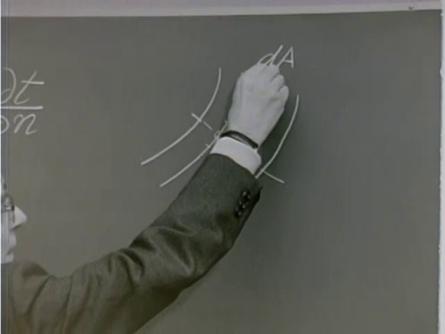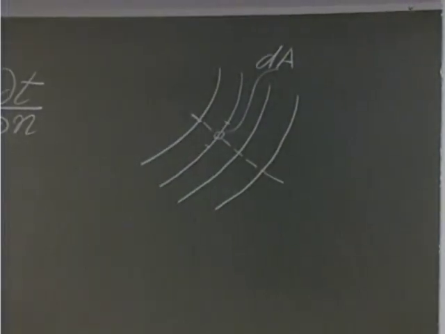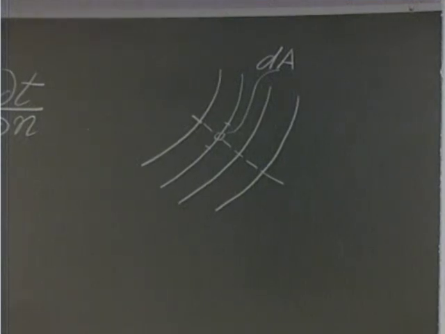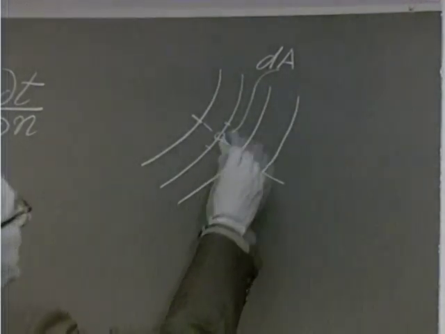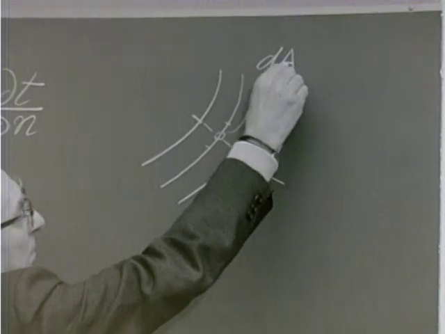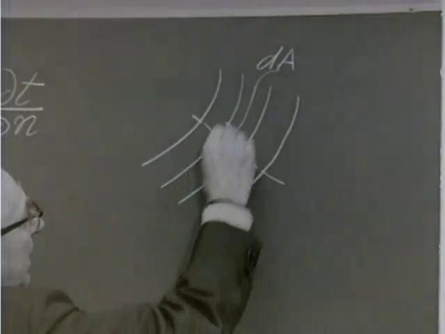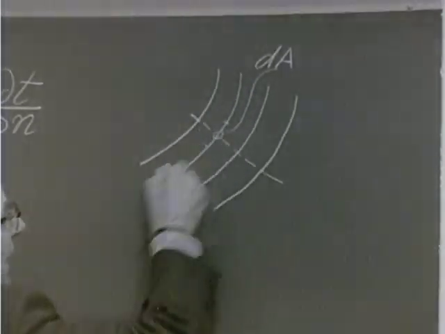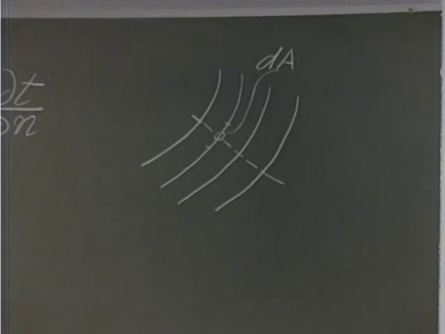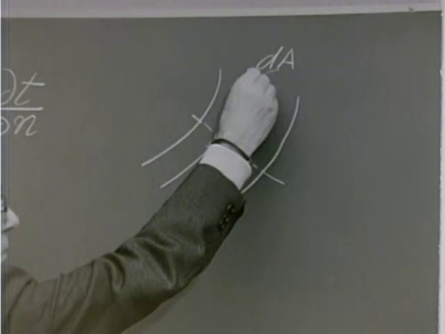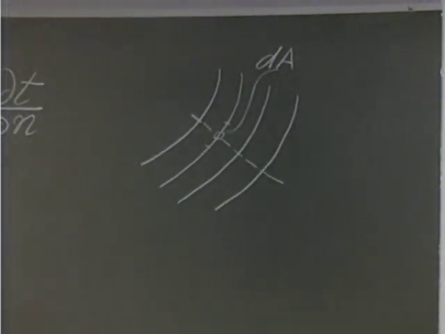A is the symbol for the area, and d is a so-called operator, reminding us that we are dealing with a very small surface area. We have to take a small area because in general the heat flow per unit area will change along the surface, and therefore, to have a local condition, we have to refer it to a very small area.